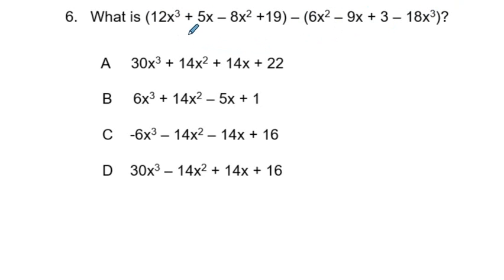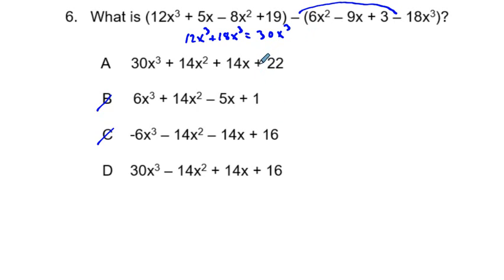So that's going to end up being plus 18x cubed, which means that our x cubed expression is going to be 30x cubed. And what that does is enable us to eliminate answer choices B and C.